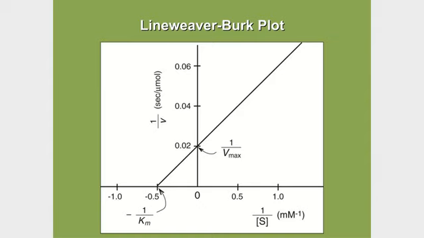And because a Km is a substrate concentration, the value will be 1 over the Km. And because it's a negative value, in this example minus 0.5, and it's a minus of that, a negative times a negative is a positive. So don't get bogged down on that. It is minus 1 over the Km. Just note that it is minus 1 over the Km.